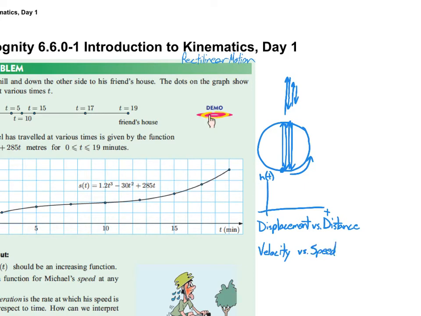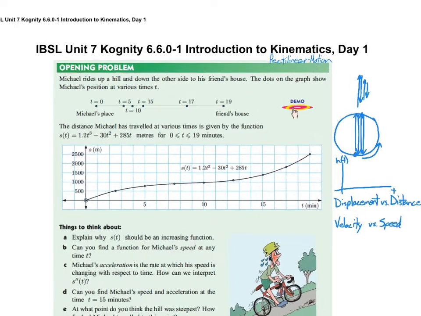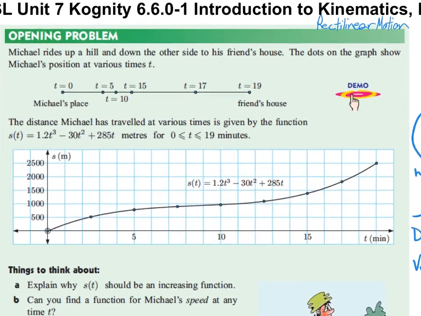And we're going to look at some applications, and really the vast majority of what we're doing in this unit is going to be dealing with these and then also acceleration. Okay? So, let's look at a couple of things first, and then we'll get into some of the terminology and notation at the end. So, let's look at our situation we've got here.